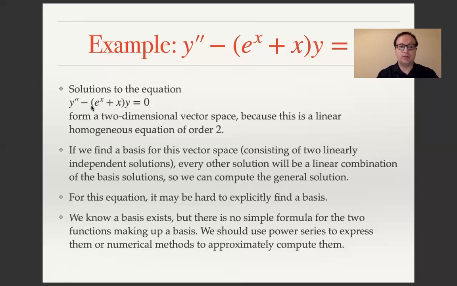So this equation is sufficiently complicated that we may be unable to find the explicit formula for a solution. However, if we are able to compute two linearly independent solutions, let's say numerically, then we'll know that every other solution is a linear combination of those two solutions.